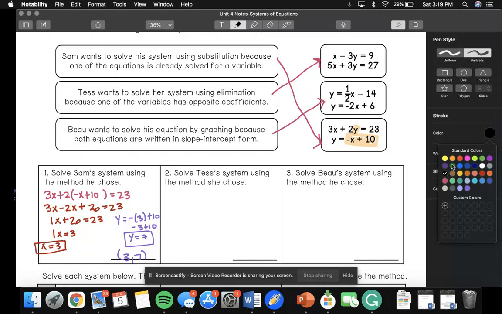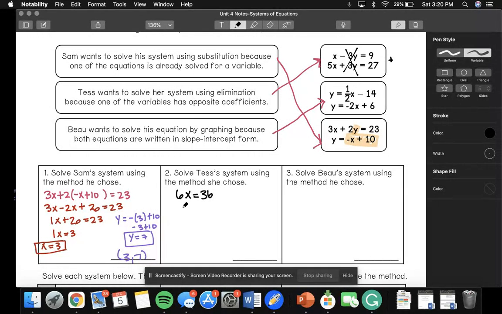For Tess, she wanted to use elimination because they were already in standard form and they already had opposite coefficients with the y values. So I'm going to add them together. x plus 5x is 6x. -3y plus 3y eliminates to no y's. And 9 plus 27 is 36. So then x would have to equal 6.